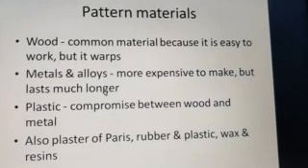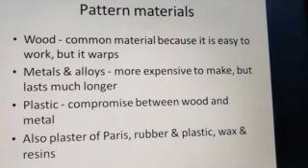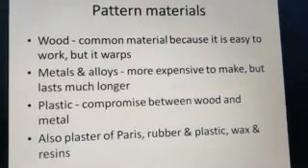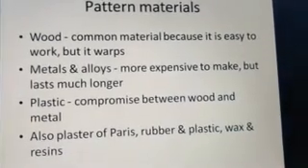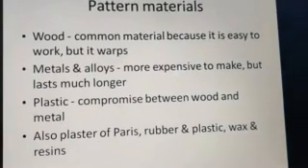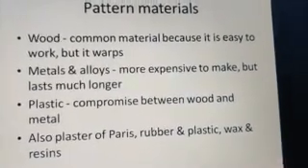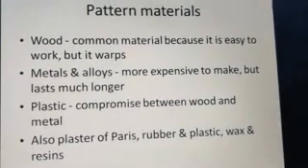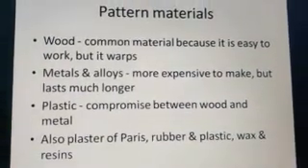Then come metals and alloys, which are slightly on the expensive side, because if you are making a metallic pattern, you need to invest first in making the pattern rather than just making a pattern out of wood or plastic. Then plastic is something which compromises between wood and metals, that is the pros and cons. When you consider wood and metals, plastic balances, or like you can see, it is a break-even between wood and metals.